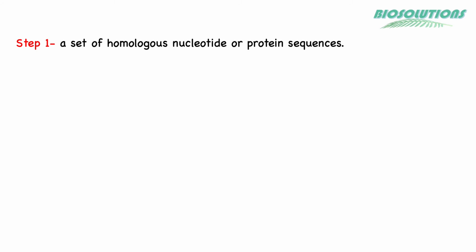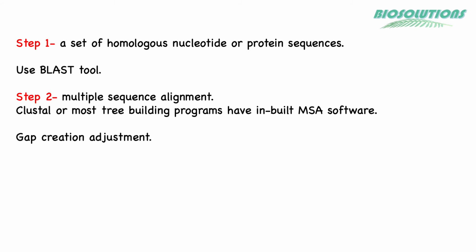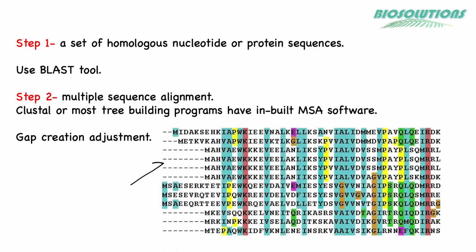In step 1, we acquire a set of homologous nucleotide or protein sequences by choosing a sequence of interest from a database like GenBank, SwissProt, etc. and run a BLAST search to find homologous sequences. Step 2. We perform a MSA to align those sequences. Multiple softwares are available for performing MSA, and most phylogenetic softwares also have an inbuilt MSA tool.